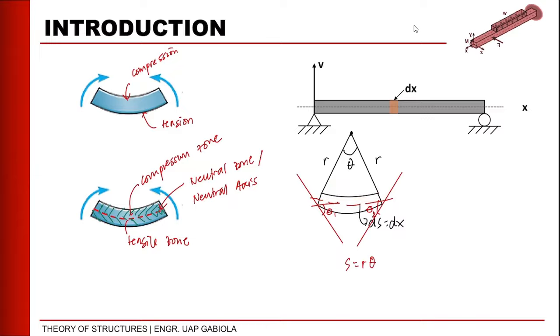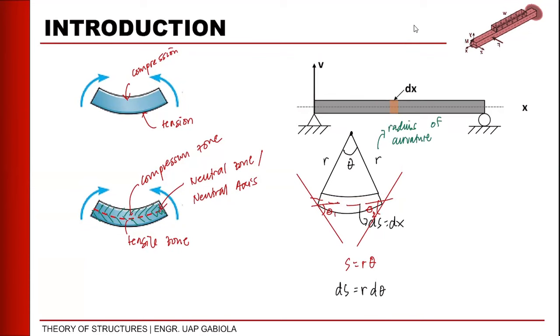Pero dito sa figure natin, we can represent that as ds is equals to R d theta. Okay? Kasi nga, that is a very small portion lang. Okay? And si R dito, anong tawag natin dun sa R? Si R is called as our radius of curvature. Okay? Ayan.